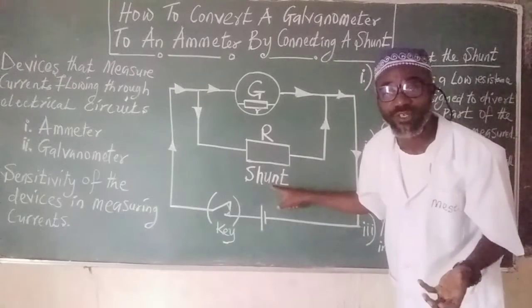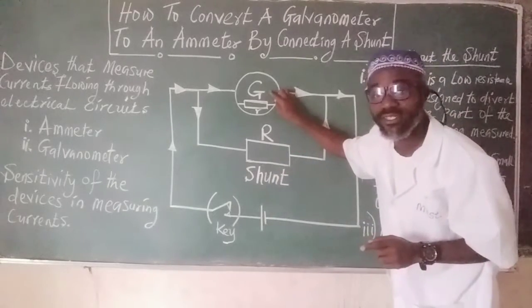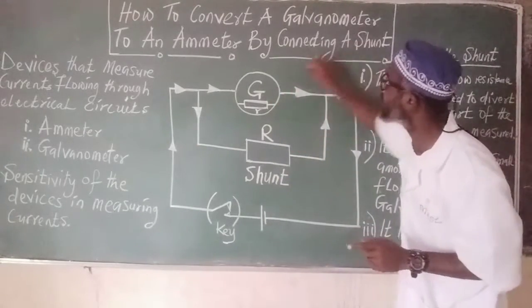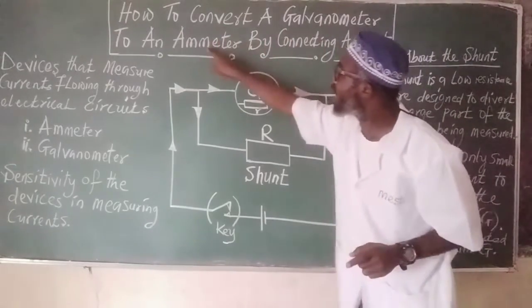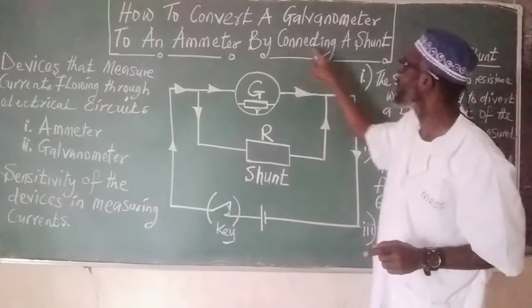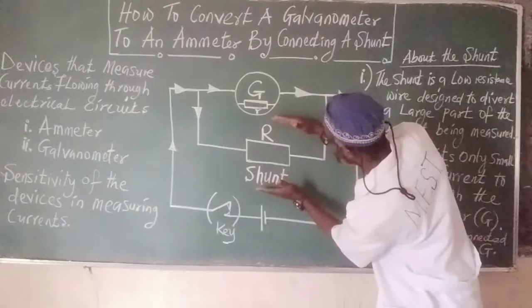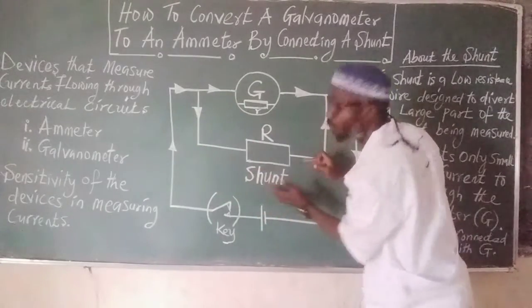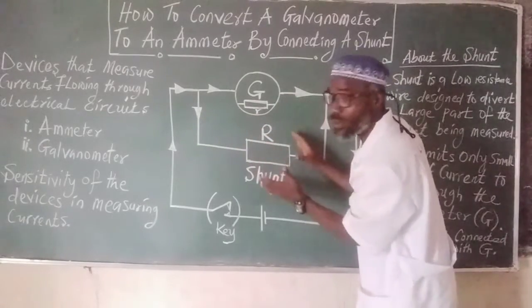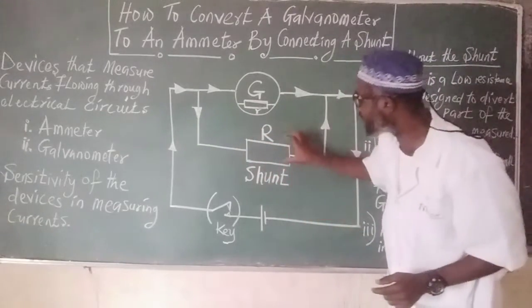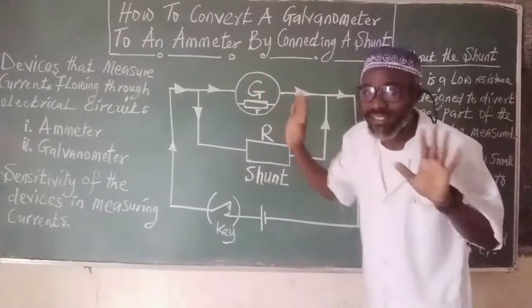What do we want to achieve? Very simple. We want to convert this galvanometer towards an ammeter. Look at it here. How to convert a galvanometer to an ammeter? By connecting a shunt. So this resistance connected in parallel with the galvanometer is so for us to be able to convert this galvanometer towards an ammeter. That's the reason.